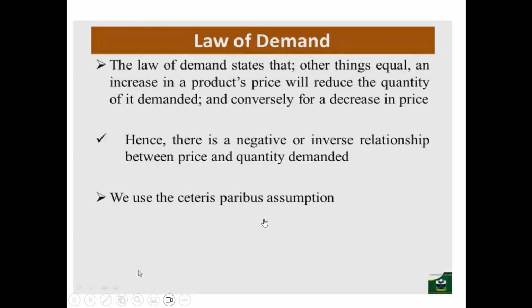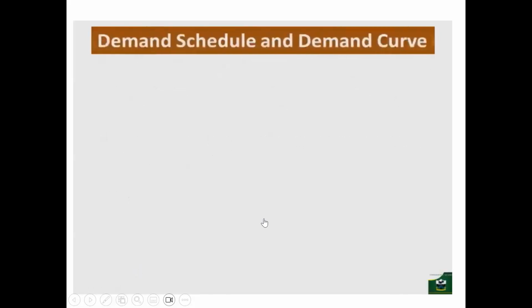Okay, so we will turn our focus to the determinants of demand after we look at the distinction between the demand schedule and the demand curve. Okay, so let's look at the demand schedule and the demand curve.